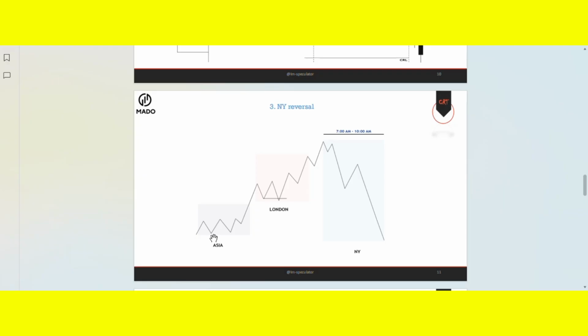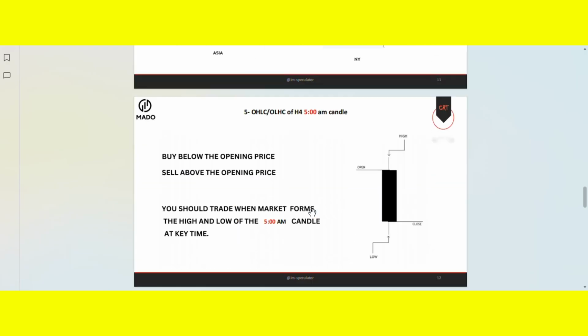That is it. So this is for New York reverse also. Asian session manipulate, accumulate, this manipulate, and then distribute by reversal.